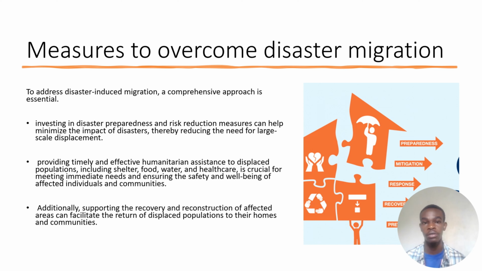So all you can do is help people to escape or survive from that disaster by providing food, water, and other basic needs. Additionally, supporting the recovery and reconstruction of affected areas can facilitate the return of displaced populations to their homes and communities. It's understandable we have to rebuild some infrastructure to help people come back to their homes.